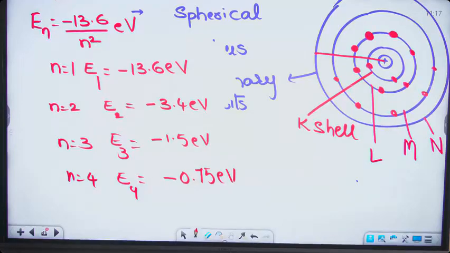And the innermost orbit always has the minimum amount of energy. Outermost is having maximum, at the same time the innermost orbit is always having minimum amount of energy.